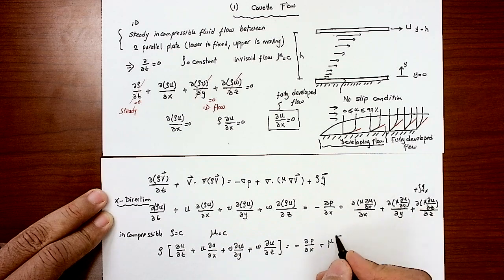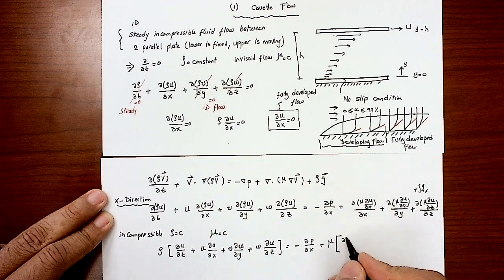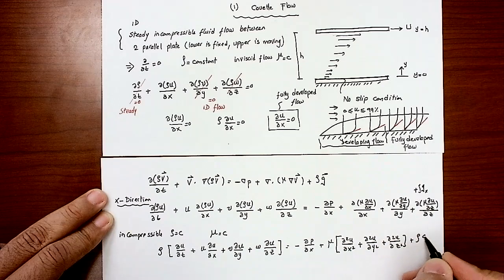I'll take mu as a common factor. Then this is the first derivative of u relative to x, then you do the second differentiation. So this is partial 2u by partial x squared plus partial 2u by partial y squared plus partial 2u by partial z squared plus rho gx.